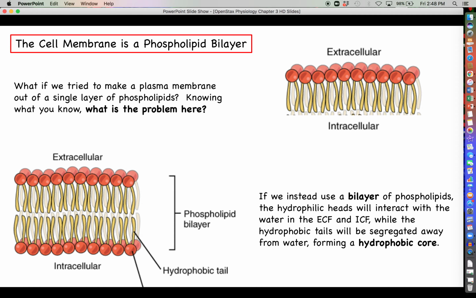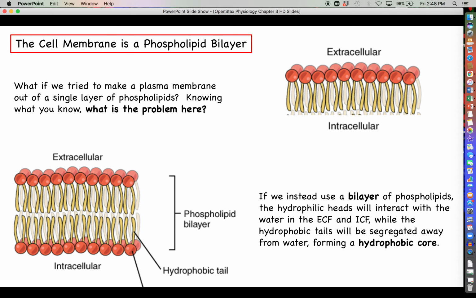The correct way to make a cell membrane is by making a bilayer of phospholipids, where you have a top layer and then a bottom layer that is flipped upside down right underneath it. So if we instead use a bilayer, everyone should be happy. The hydrophilic heads will point outwards towards the fluids, outwards towards the extracellular fluid and all the water there, downward towards the intracellular fluid and all the water there.